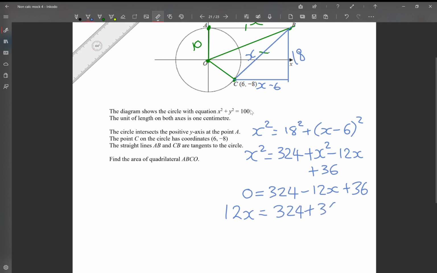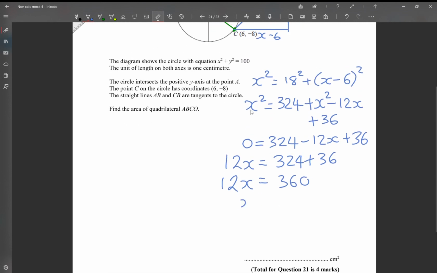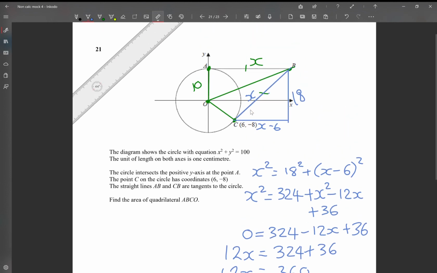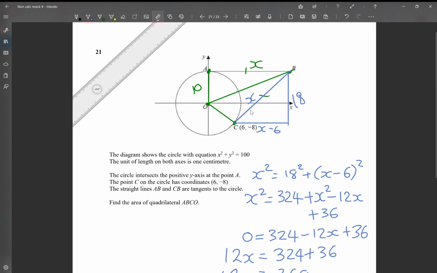Plus 36, and then this should add up to 360. Yes, okay. And you'll notice it's a nice number. The value of x is equal to 360 divided by 12, which is 30. So we know that this x value here is 30.